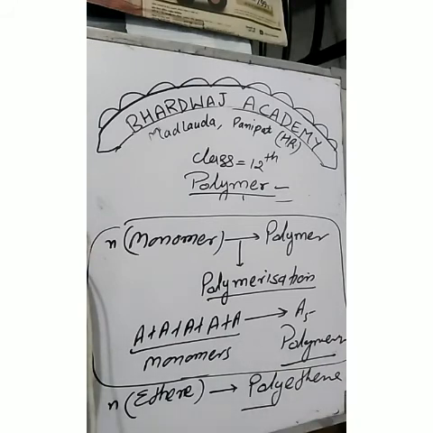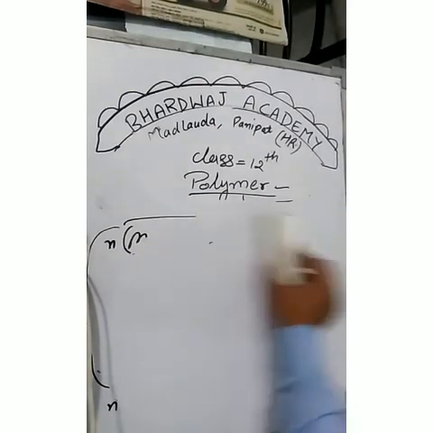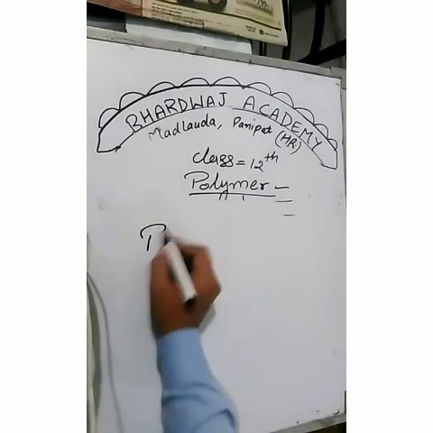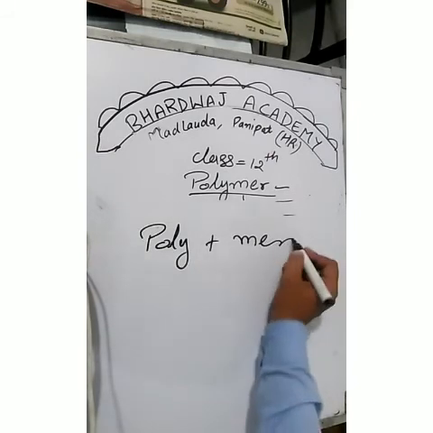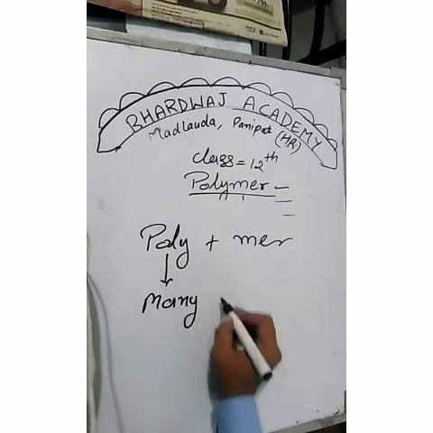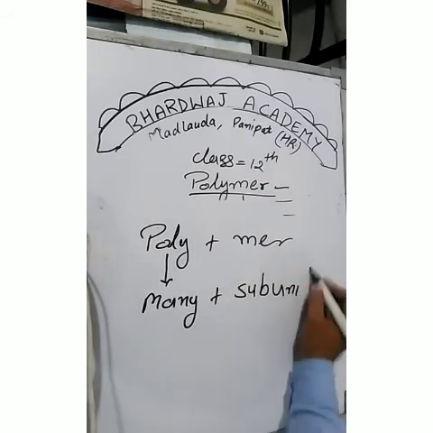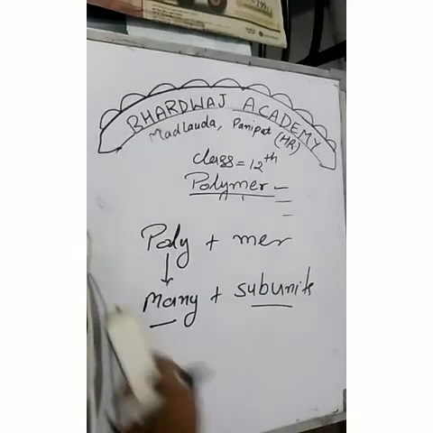Poly means many, so poly plus mer. Poly means many subunits combined together, which form a polymer.